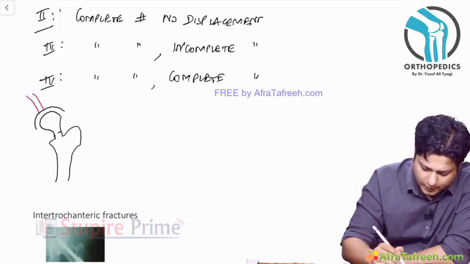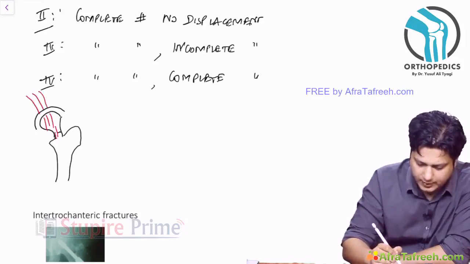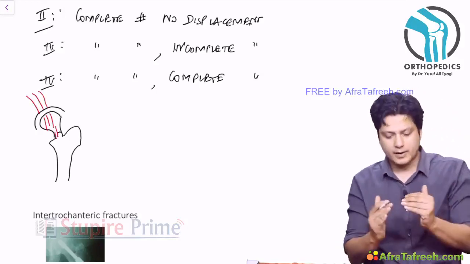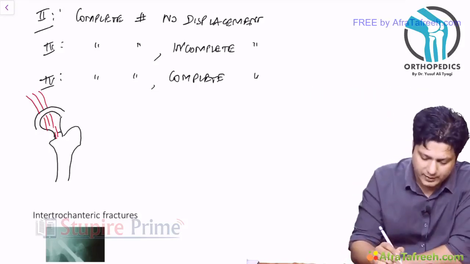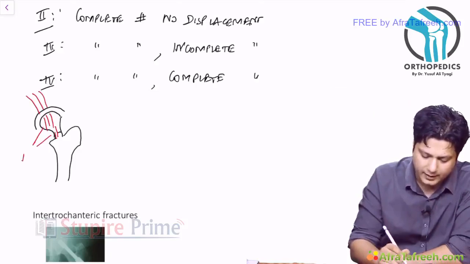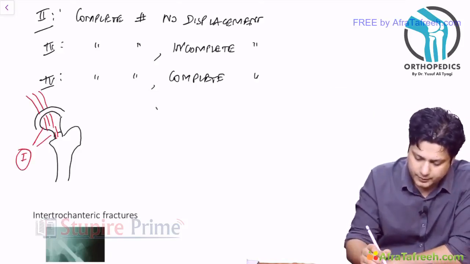So the trabecular alignment of the three more or less remains the same to some extent, except for some angulation at the level of the head and neck interface. That is for type 1. There will be some break at this head and neck interface in case of type 1. But what will happen in type 2?